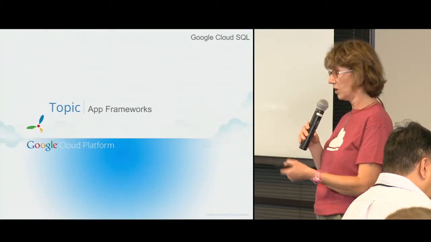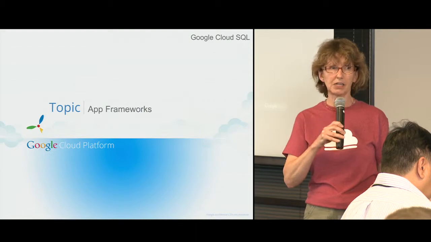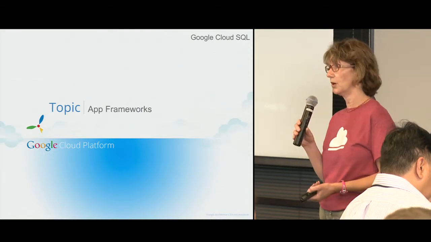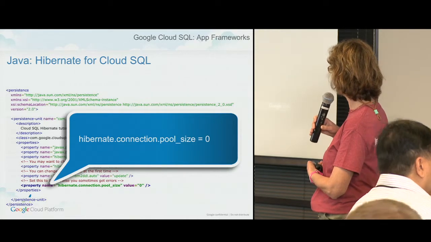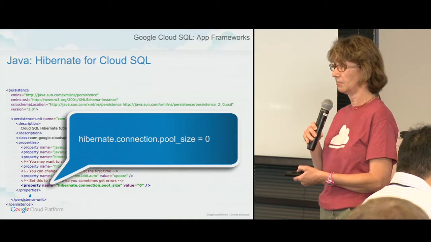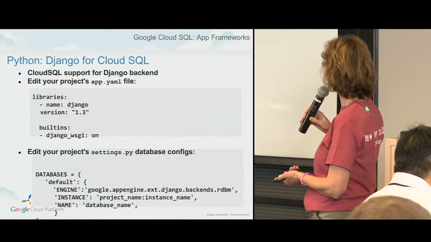So app frameworks. I'm not really going to go into this in much detail. Basically, I just want to make the point that Google Cloud SQL does support app frameworks, and usually, whichever framework you're using, what you really need to do is configure it, and usually the configuration is pretty simple. Set the connection pool size. This is an example of Hibernate. We support Django.